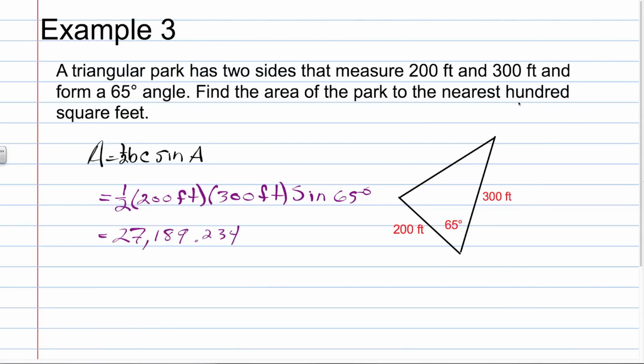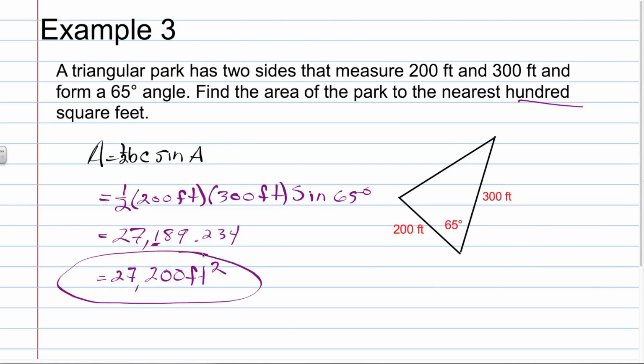We're asked to round to the nearest hundreds place. There's a 1 in it, and the 8 tells us to round that up to a 2, so that'd be 27,200 square feet. So if you know the measure of two sides of a triangle and the included angle, you can easily use the sine function to find the area of that triangle.